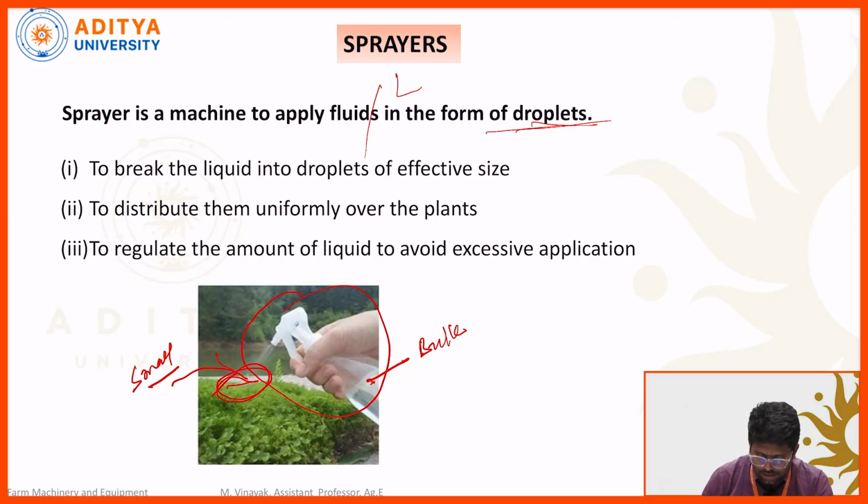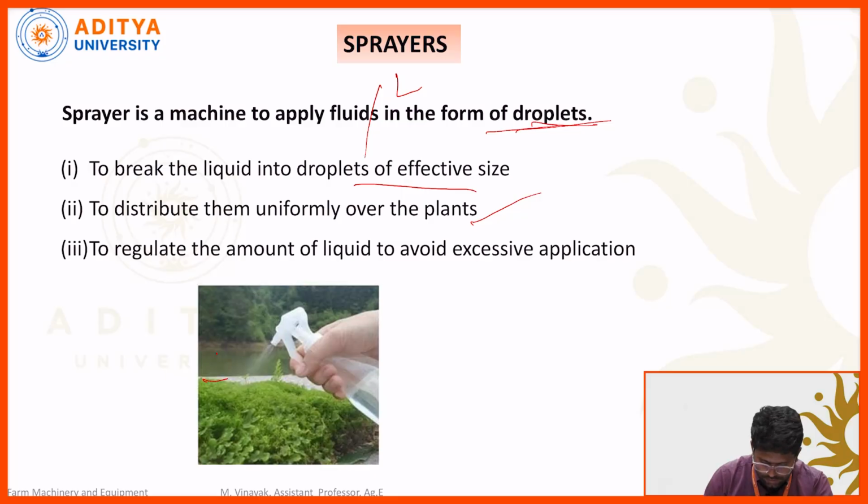There are three more functions. First, to break the liquid into droplets of effective size based on the requirement of the crop and the farmer, so we can apply that size of droplet to the plant material. Next is to distribute them uniformly over the plants. Whatever the plant canopy is, the entire plant canopy needs to be covered uniformly.